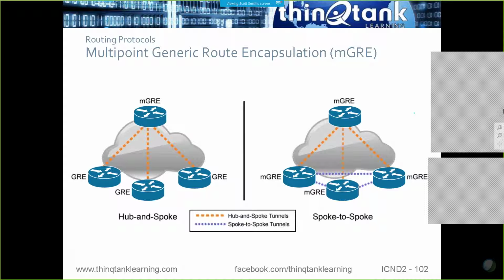They could send the traffic through the hub, but they're all connected to the internet. So why not set up a temporary method of communicating from spoke to spoke? And that's where multipoint GRE comes into play. It's called multipoint GRE because I'm actually establishing multiple tunnels.